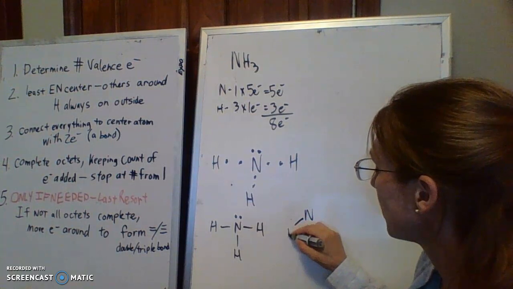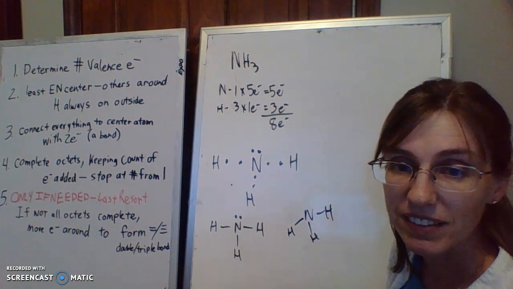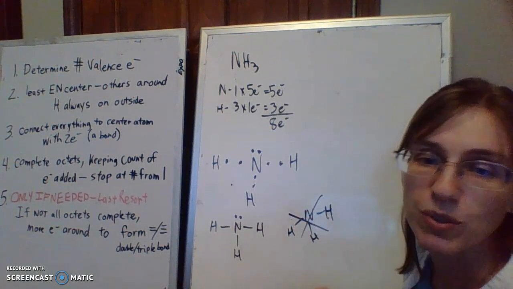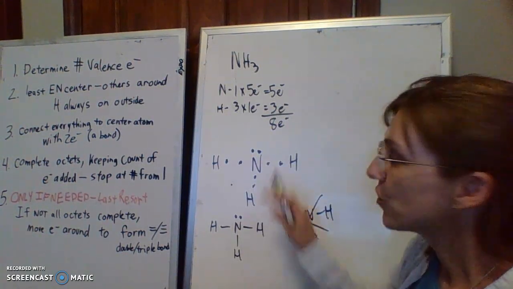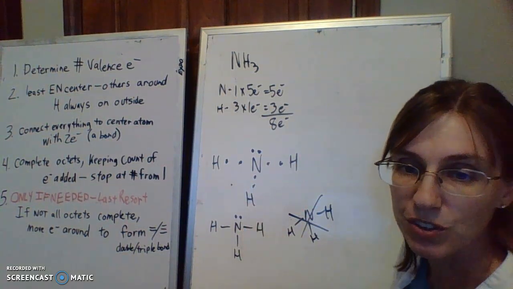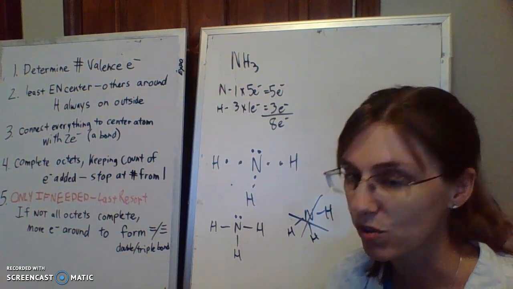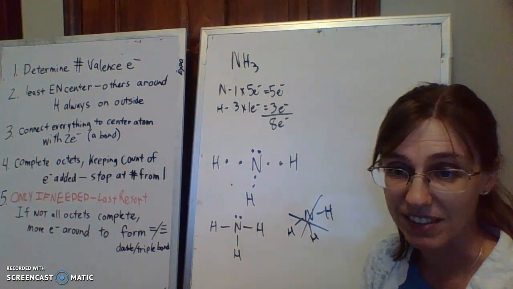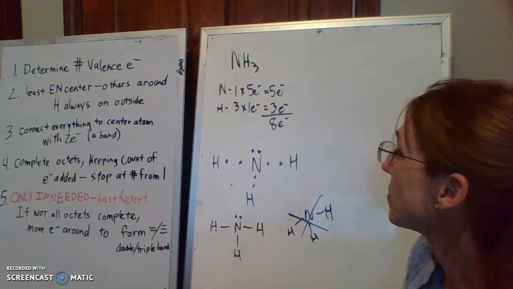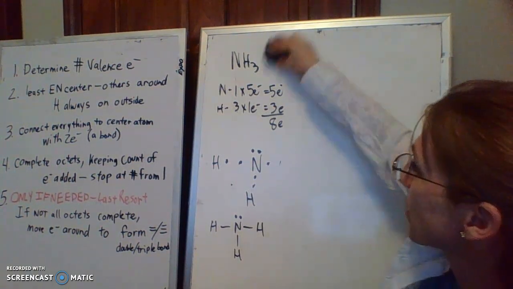There are times when we do write nitrogen without the lone pair, but that is not a Lewis dot structure. So this would be okay for submitting a Lewis dot structure, but not that one. Get all those lone pair or non-bonding electrons in there, and that way you'll make sure that you have a true Lewis dot structure.